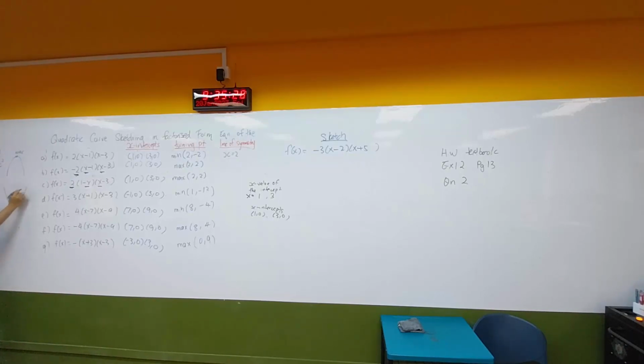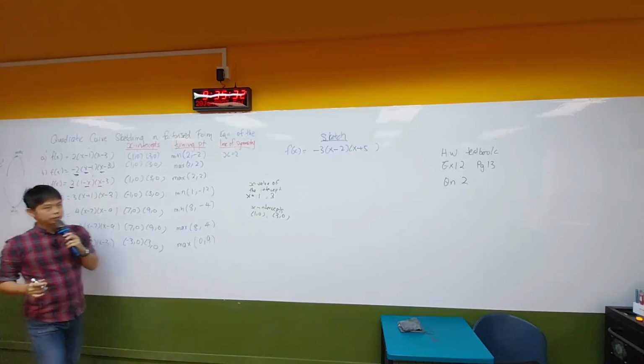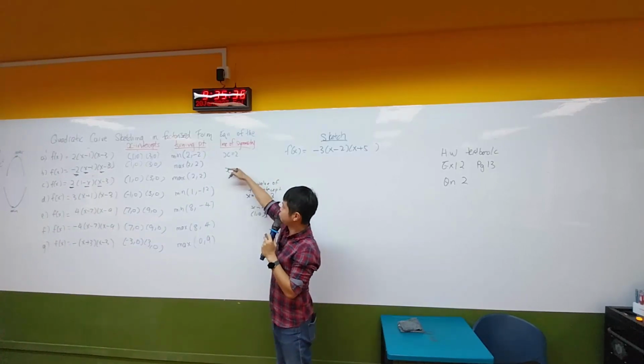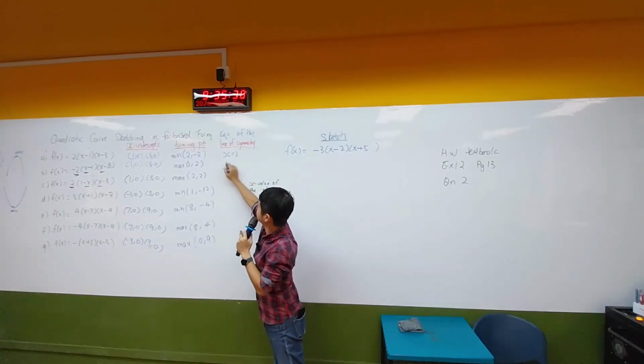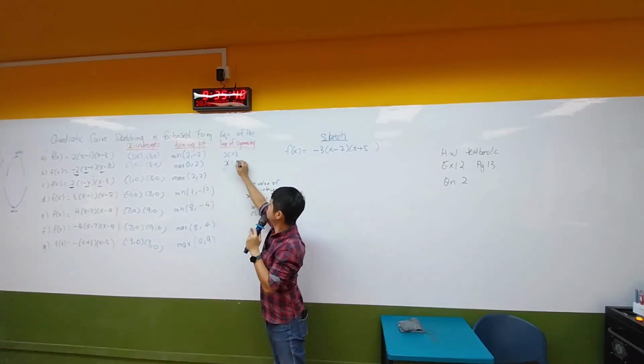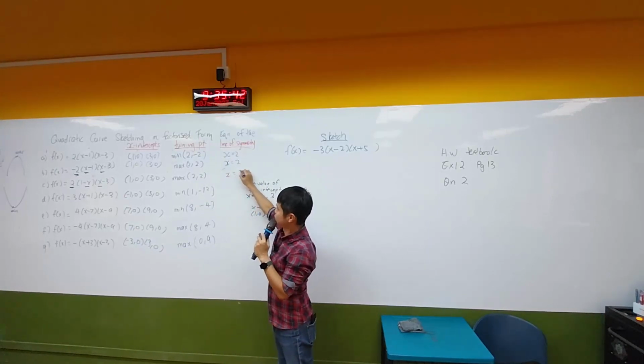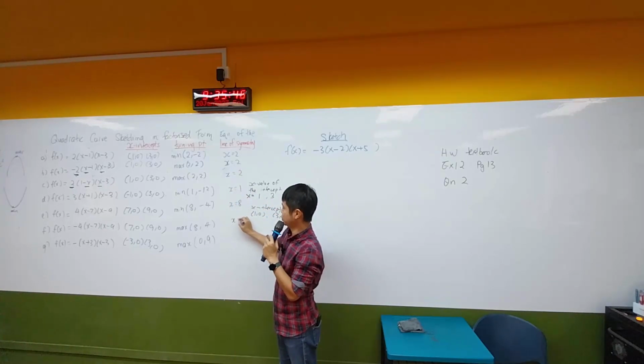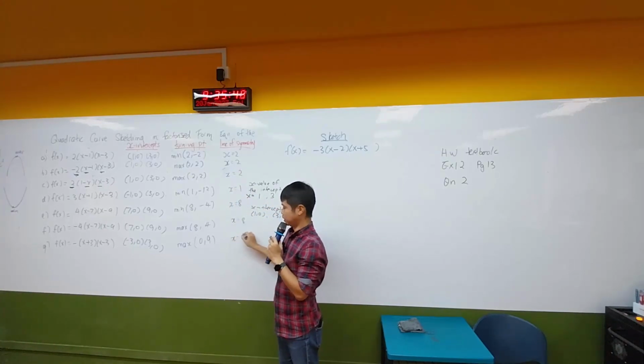So it'll be a smiley face, and this is my minimum. Now for the lines of symmetry, let's list them out: x equals 2, x equals 2, x equals 1, x equals 8, x equals 8, and x equals 0.